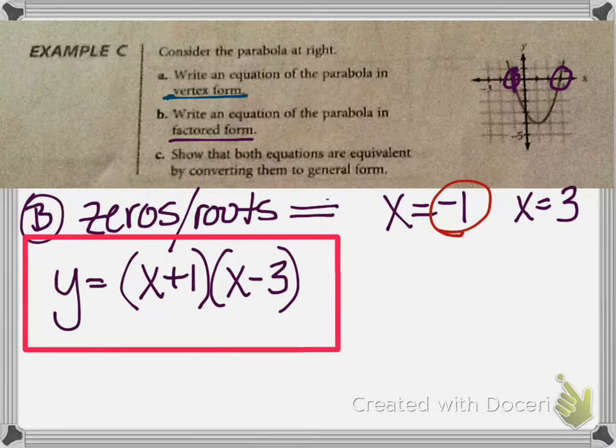Okay, so now a little bit more of a tricky part. So C says, show that both equations are equivalent by converting them to general form. So general form, if you recall from a couple of screencasts ago, is when we have ax squared plus bx plus c. We were using that when we were factoring. So I'm going to go one screen over.